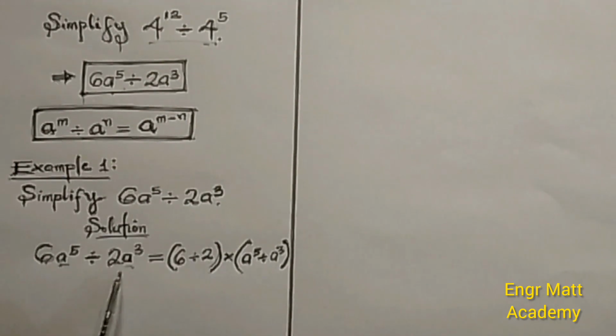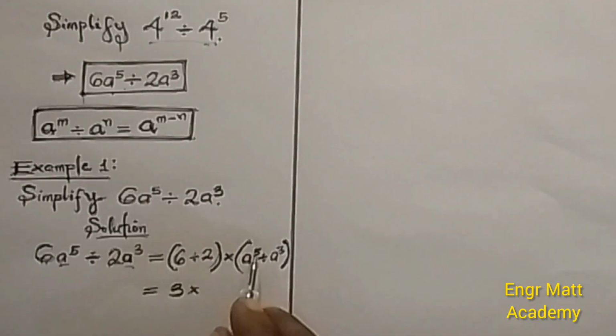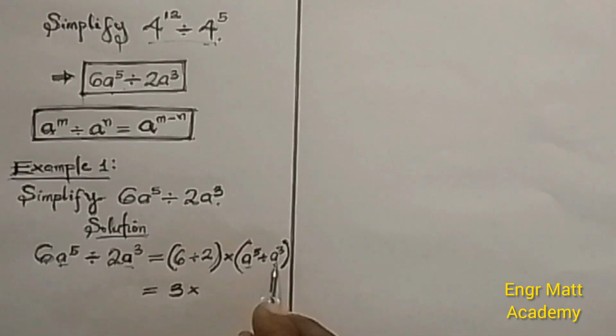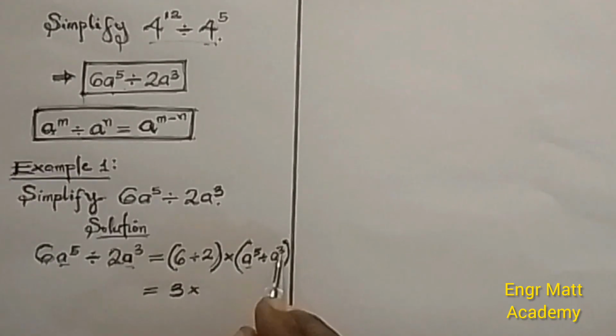Since the question contains numbers and letters, it is algebra. So we treat the numbers separately and the letters separately. So 6 divided by 2 is 3, times a raised to power 5 divided by a raised to power 3. Since the base is the same, we subtract the powers.